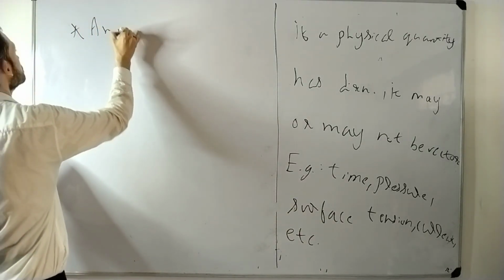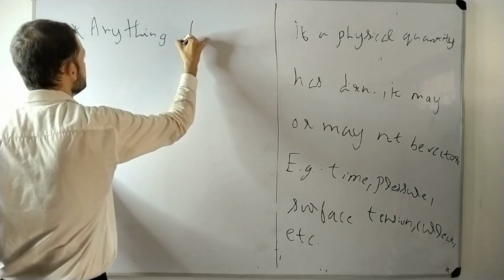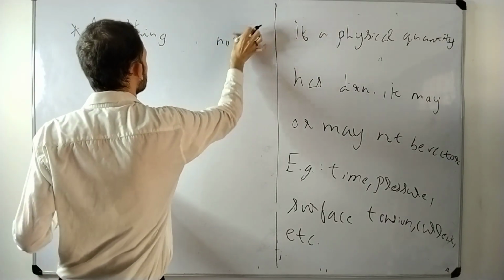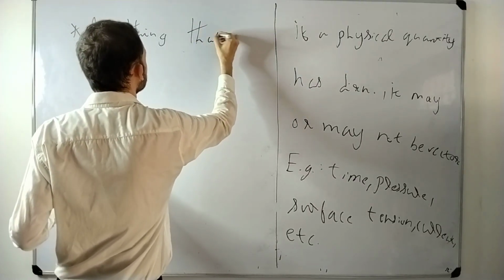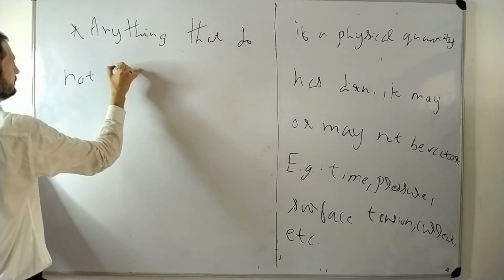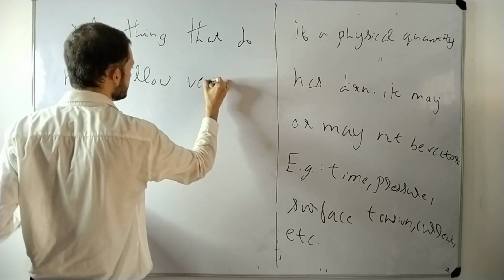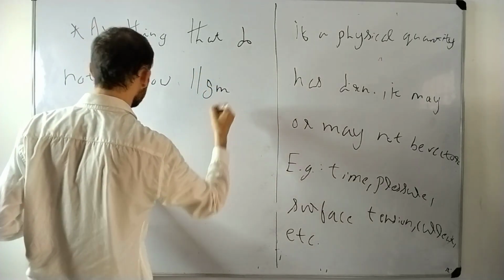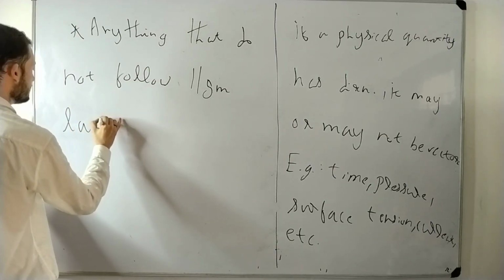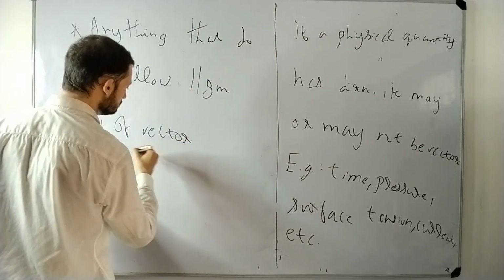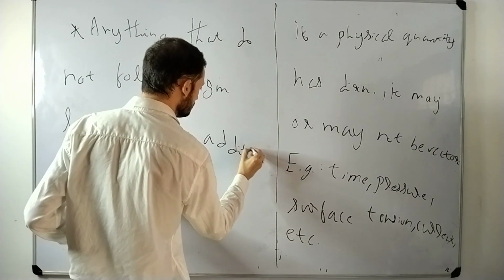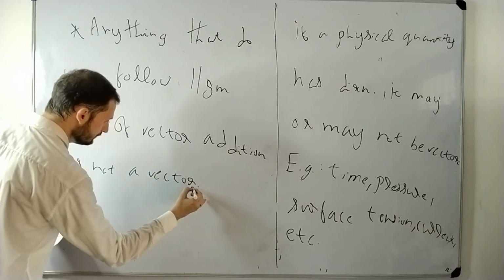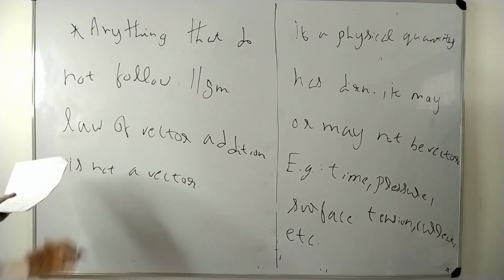Anything that does not follow the parallelogram law of vector addition is not a vector. Okay, so we have understood.